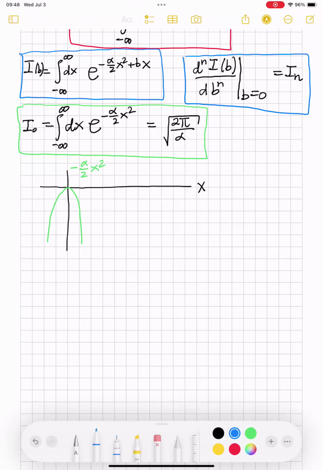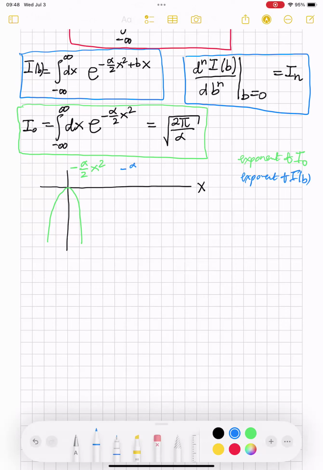The other thing that I want to plot is, and of course, this is just the exponent of I naught, okay? So let's maybe track that. So this is the exponent of I naught. I also want to look at the exponent of I of B. Now, what is the exponent of I of B?